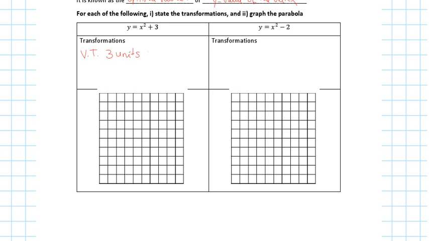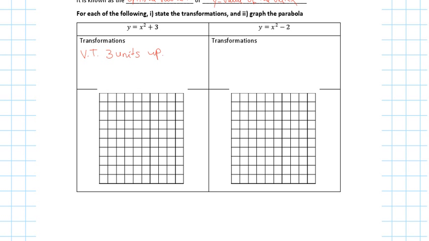Now, in order for you to graph, what do you need? First, the parent function. We can graph the parent function if we want, but we don't need it here because it's not asking us for it. But what do you need first when you're graphing any quadratic? The value of a. I'm looking for a certain point.